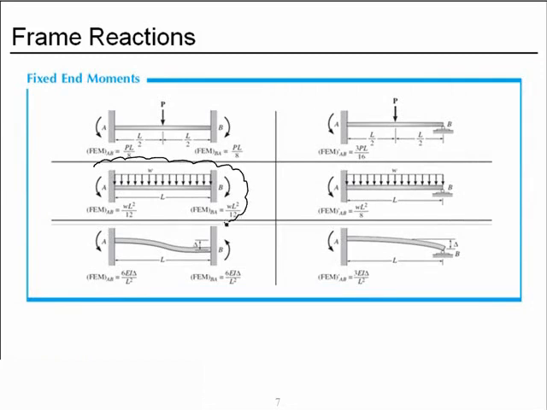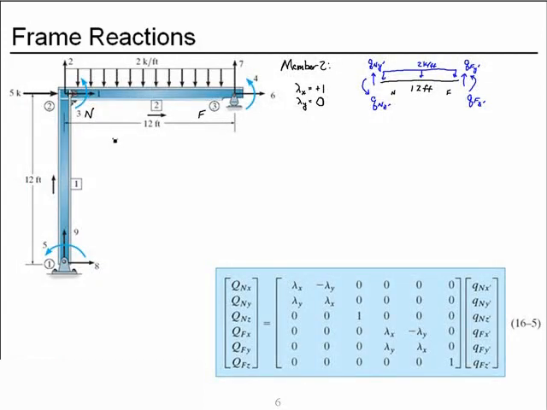Our member resembles this situation. If we consider it fixed, it has uniform distributed load, and the fixed end moments are omega L squared over 12 at each end, counterclockwise at the left end, clockwise at the right, which means that QNZ prime for member 2 is going to be omega L squared over 12, because it's in the same direction as drawn on the inside back cover of our book.